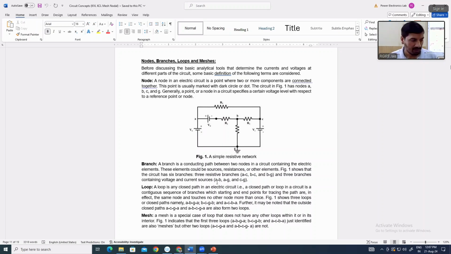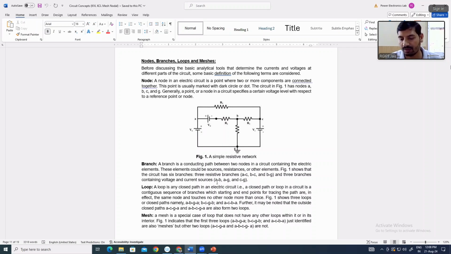We have the opportunity for that. So that's why we have studied various fundamental concepts before starting our actual circuit solving concept.